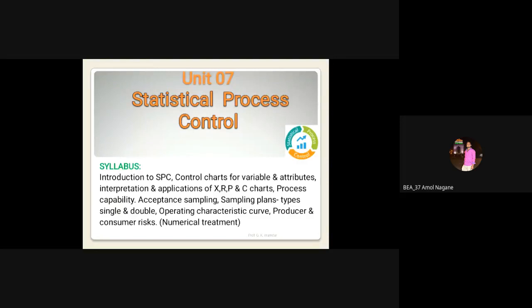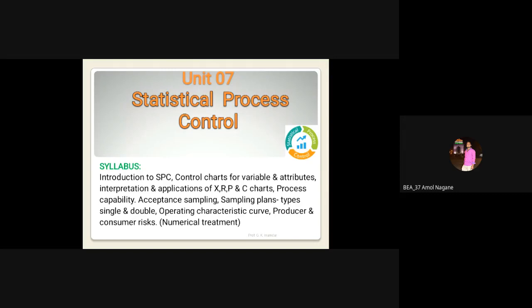Now here, whatever the service or manufacturing process may be, some statistical data is required. Suppose, for example, the COVID situation is there. From after 2 days or after 1 May, whoever can take Covaxin or Covishield, how has the government defined that above 18 years are eligible for vaccination?